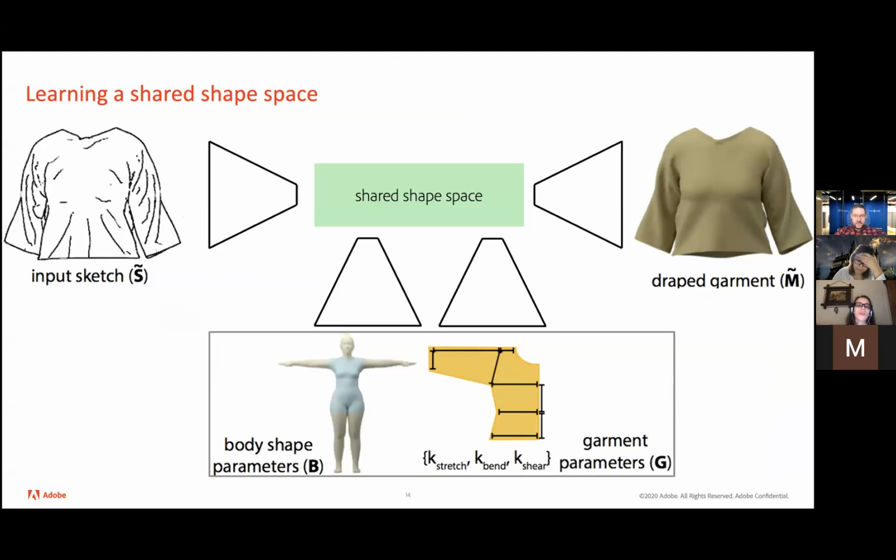Yes. So it really depends. For example, in terms of the garment parameters, we had different networks trained for different garment types because different garment types have different patterns. But I think we could say maybe the garment parameters are in the order of 10 to 20. In terms of body shape, we were using the simple body model, which has 10 PCA coefficients for the shape parameters. For the 3D draped garments, we did a similar PCA analysis.